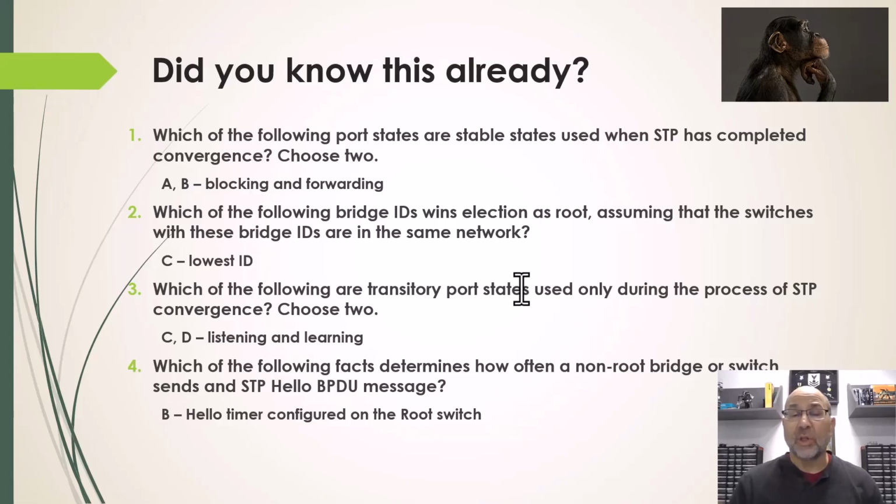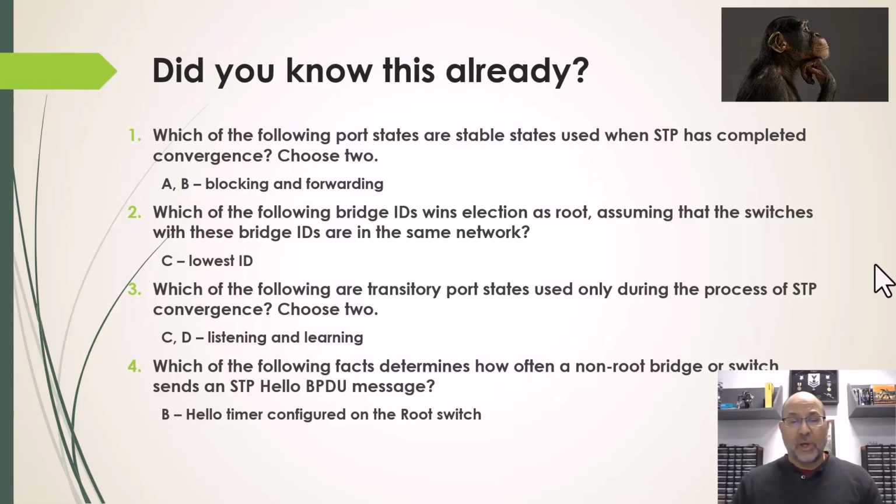And so the one with the lowest one wins, and that was C. Question number 3, which of the following are transitory port states used only during the process of STP convergence? Choose 2. So if stable states are blocking and forwarding, the other two are listening and learning. Those are transition states where we don't stay on them for but a couple of seconds.